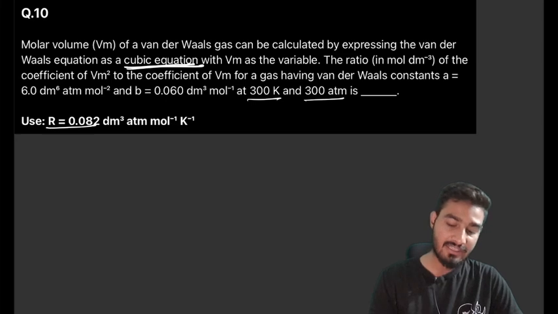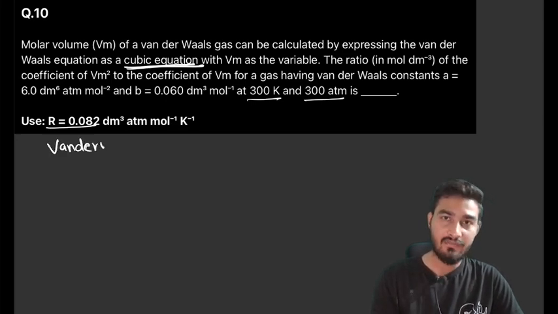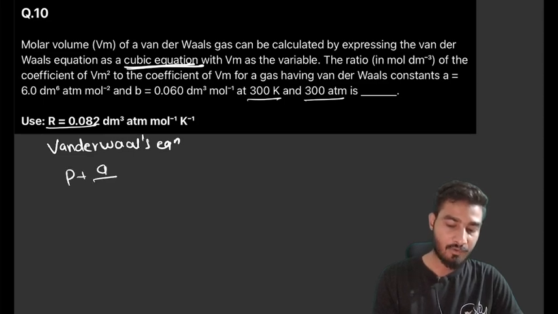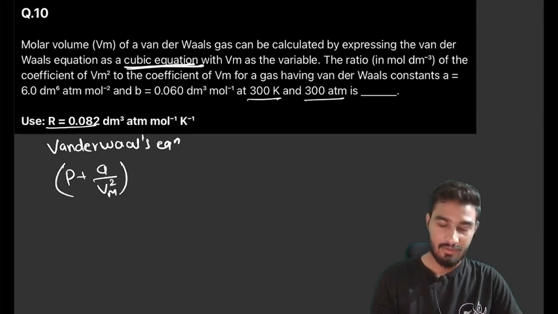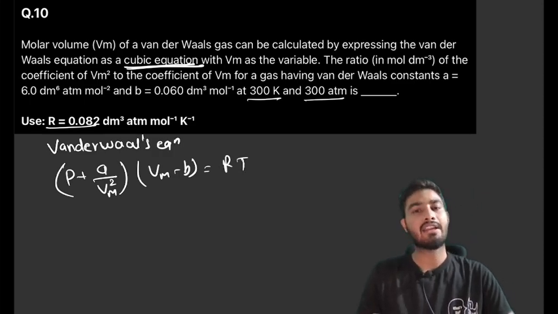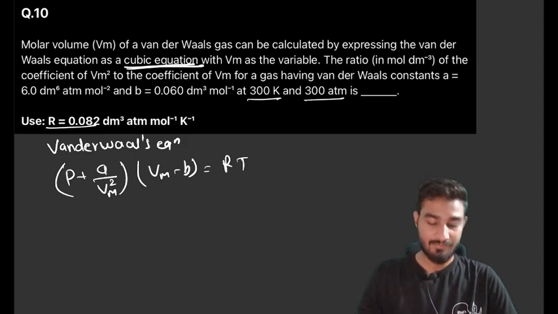So first of all, what is the van der Waals gas equation? If we write the van der Waals equation, it is P plus A upon Vm square, times Vm minus B, is equal to RT. This is our van der Waals equation for real gases.